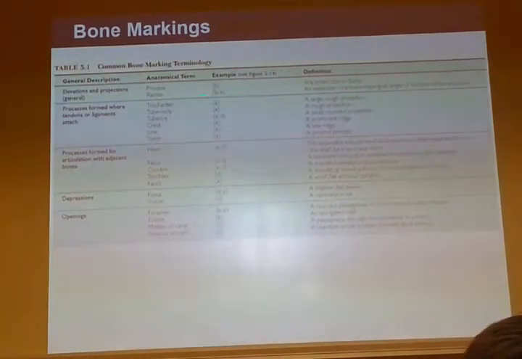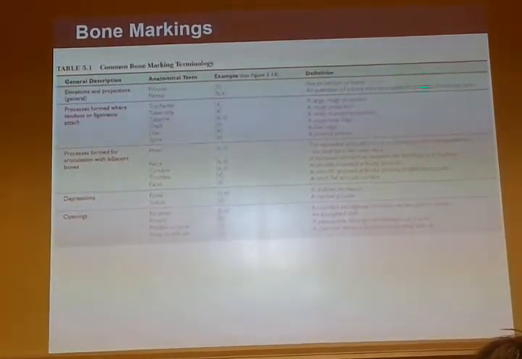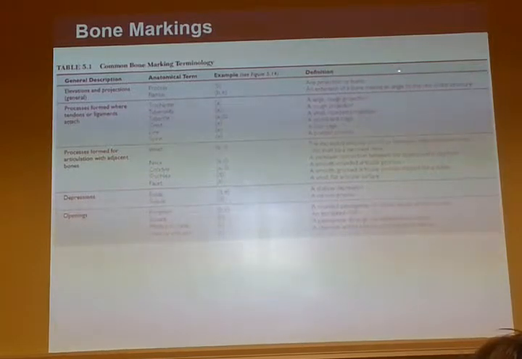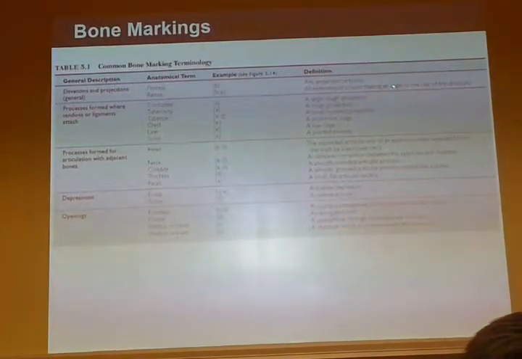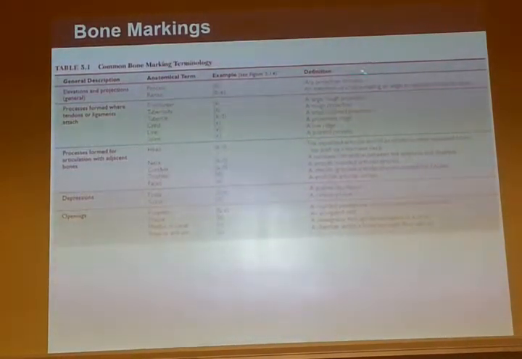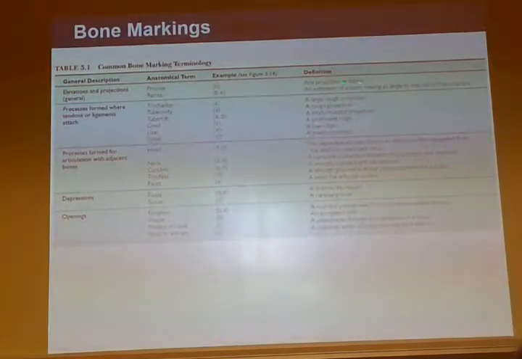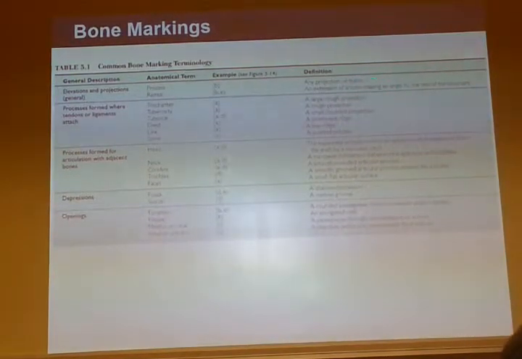A ramus is usually connecting two things together. So we had the angle of the mandible connecting to the articular process of the mandible and the muscular process for the mandible, and that was connected by a ramus.